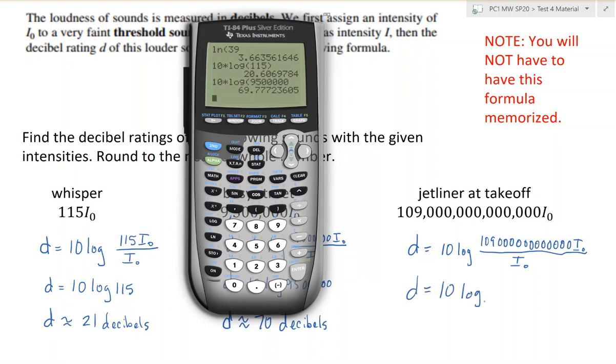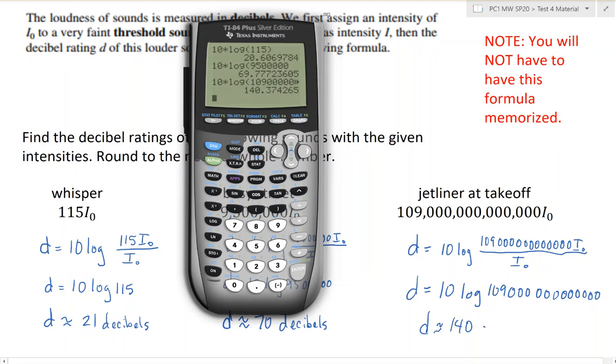So we have 10 times the log of 109 trillion. There you go, and we get about 140 decibels. No doubt a very loud sound.